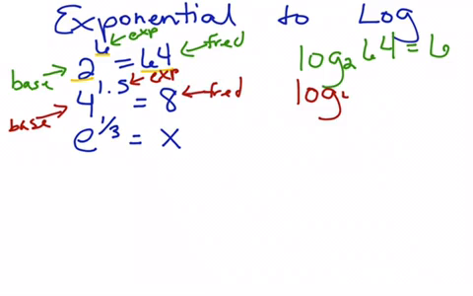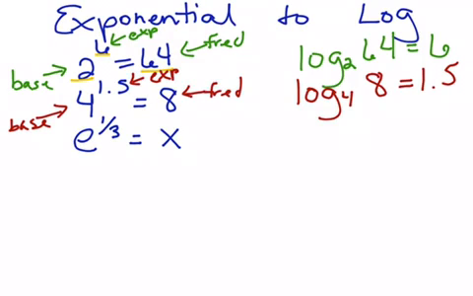So my base here is 4, Fred is 8, my exponent is 1.5. Please notice how the base is obviously a smaller number and lower than Fred. You have to make that distinction or you could get the answer wrong.